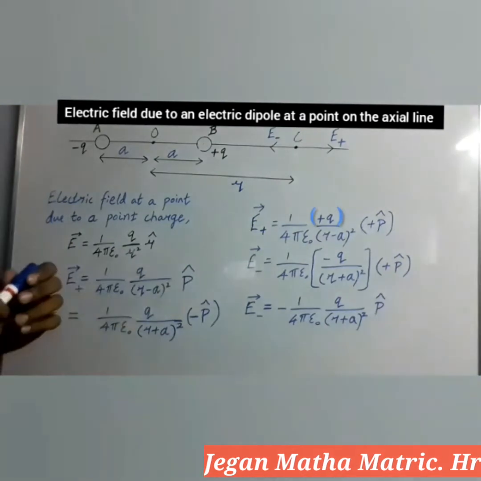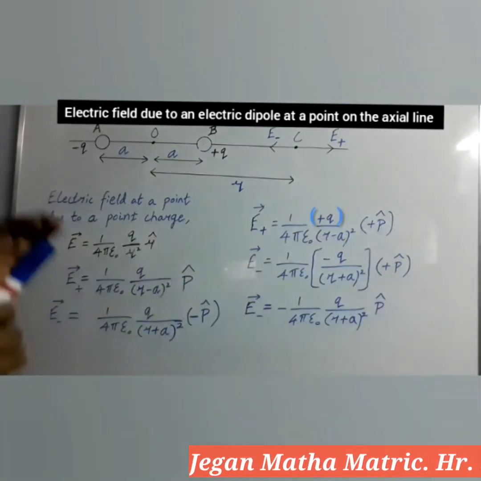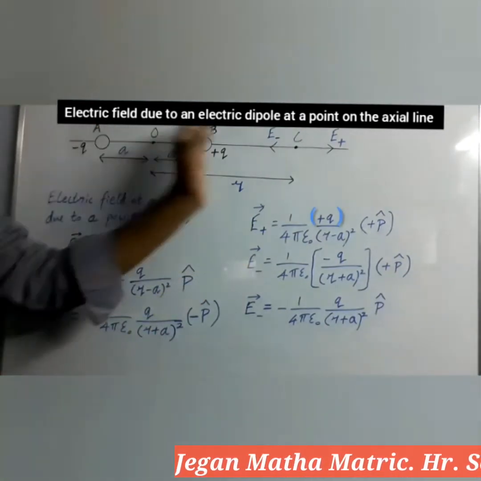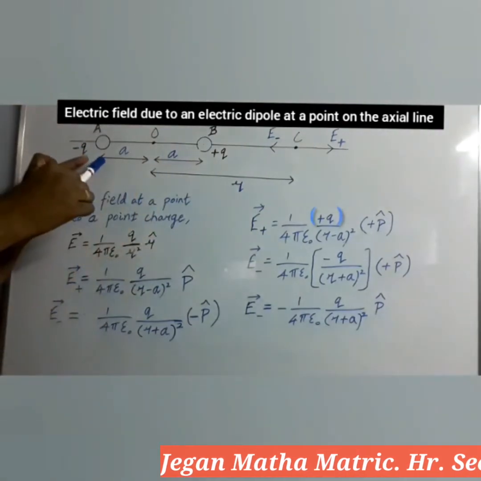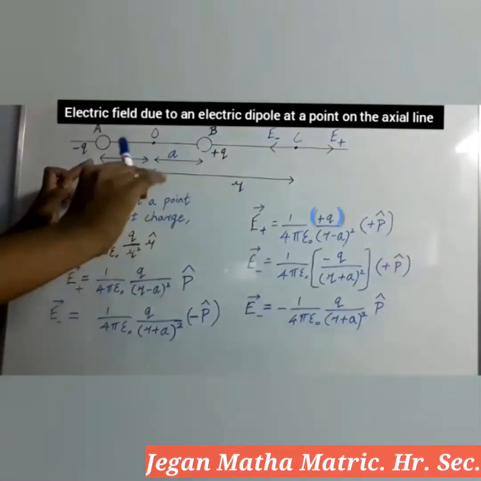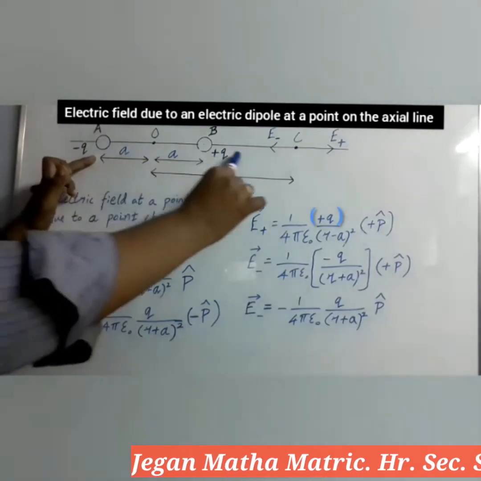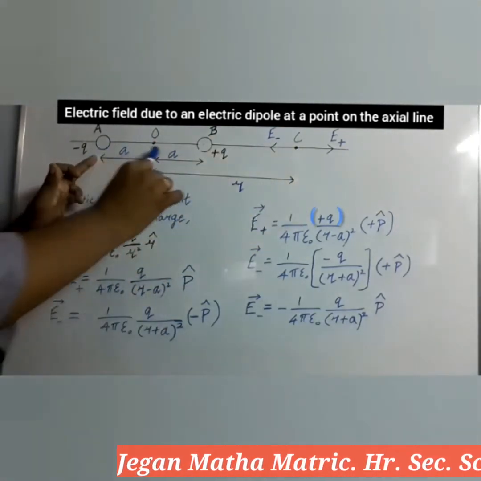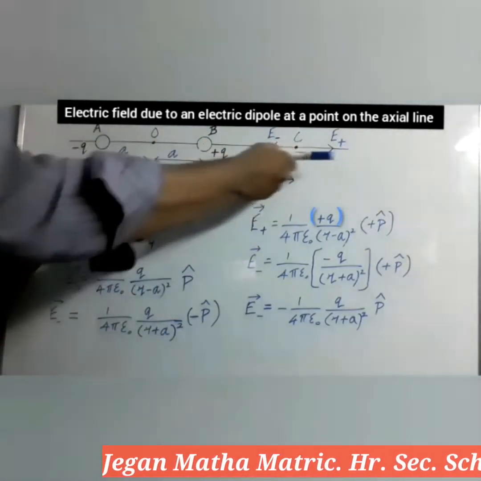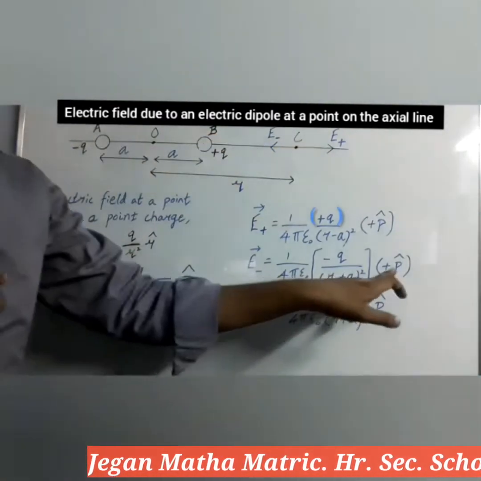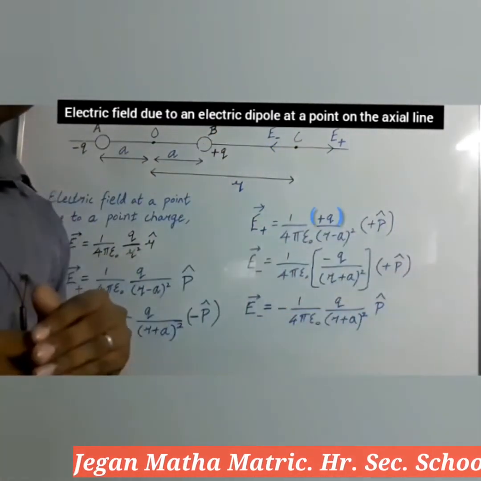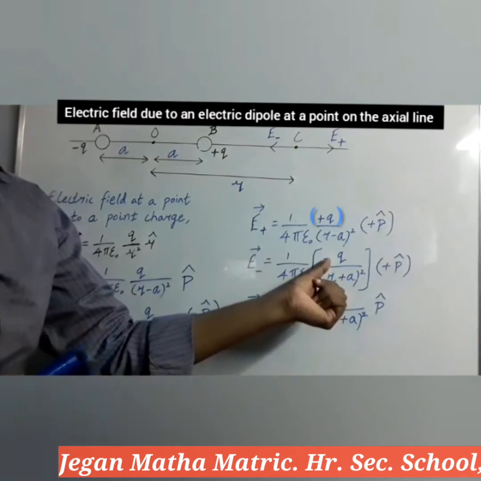In this method, how can we get the direction of the unit vector? Imagine you are moving from the particular charge to that point. So here, from the negative charge to the point, you are moving in this direction only, towards the right side. That's nothing but the positive x-axis. So in this case, the unit vector has the positive value. The minus that is here can be taken in front of the expression.